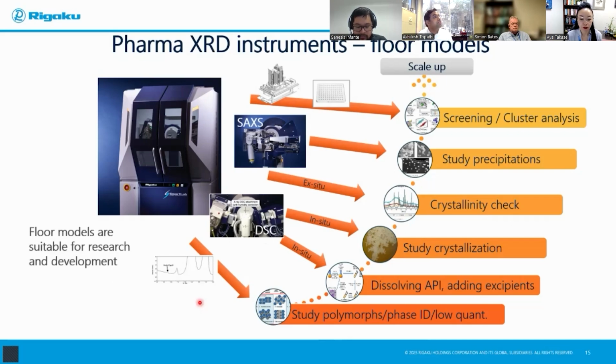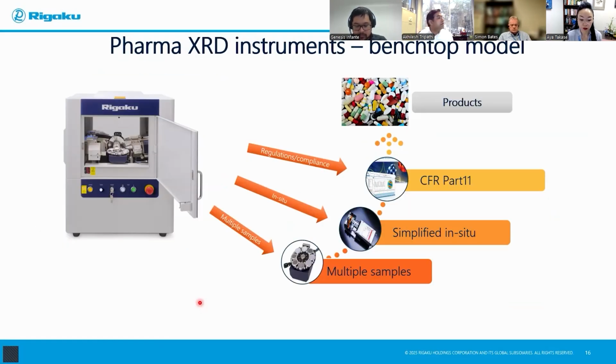How about benchtop models, such as the one shown here, Rigaku's MiniFlex, 6th generation? You could essentially use it for every part of powder diffraction. They do come with regulation compliance, 21 CFR Part 11, electronic record and electronic signature. In short, we call it ERES. That is, they are compliant with it. In situ, you can employ two temperature stages.